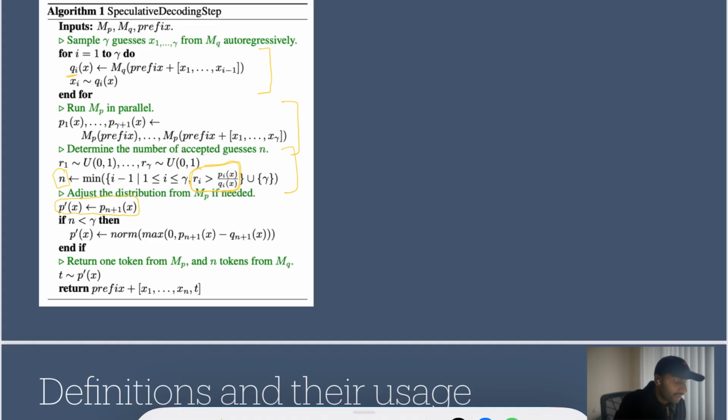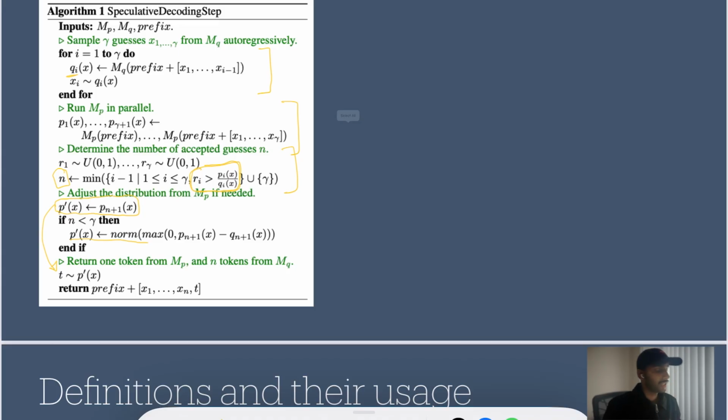If you remember, we have run this for gamma number of time steps, so we also have an n plus 1th time step distribution here, and we initialize it to that. If n is less than gamma, that basically means we had a rejection. That is when we bring in this new normalized probability distribution and sample from it. Otherwise, we sample from the gamma plus 1th time step's probability distribution that was produced when we ran all these gamma tokens in parallel earlier.